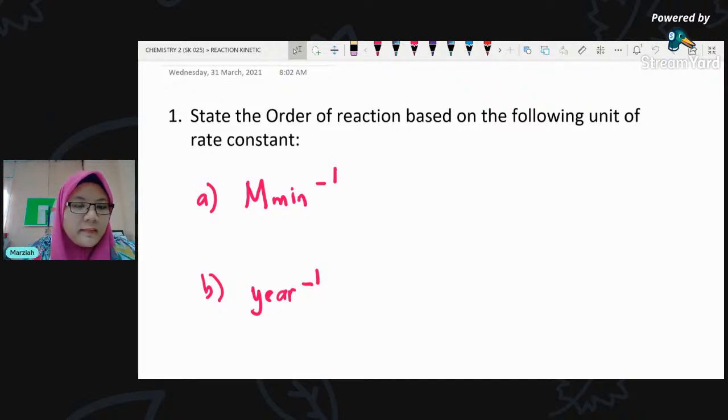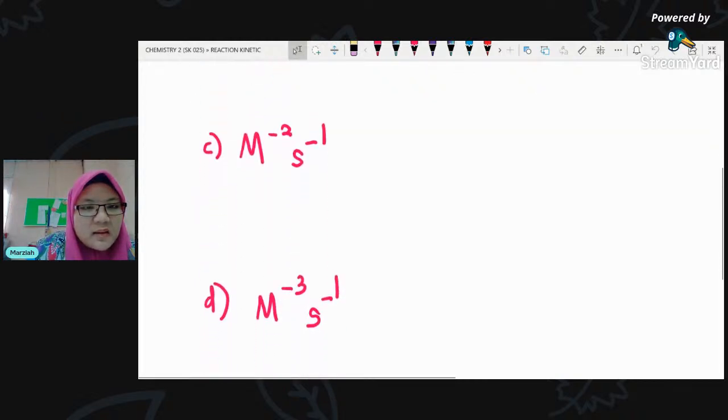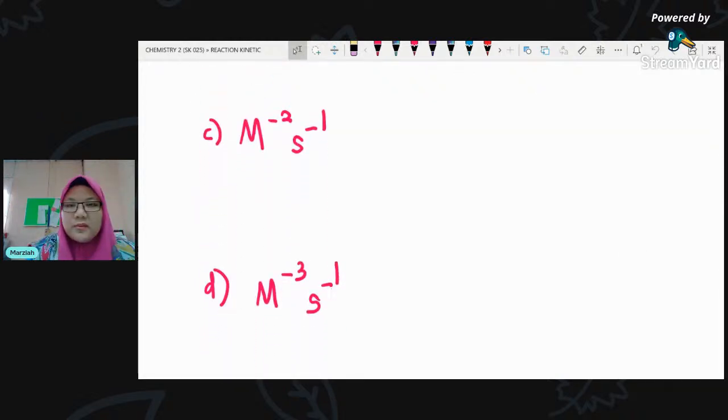This is A, B, and then I will scroll down because we have four units: A, B, C, and D. You can copy and then try to identify the order of the reaction.